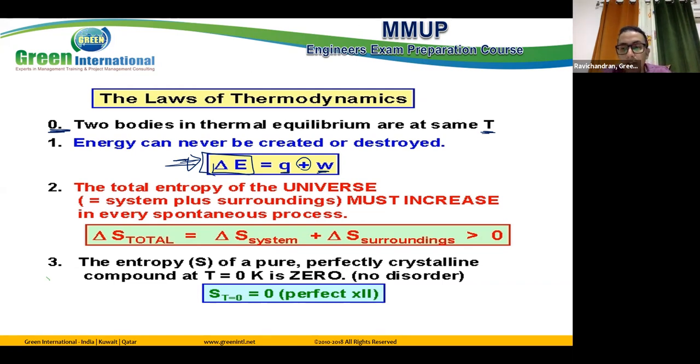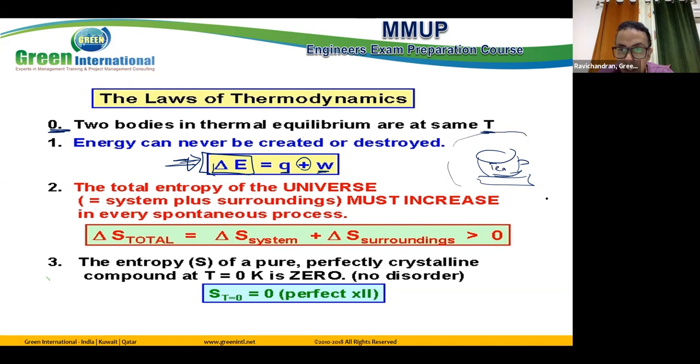Why? For example, if you have a cup of tea, the tea here is hot, correct?